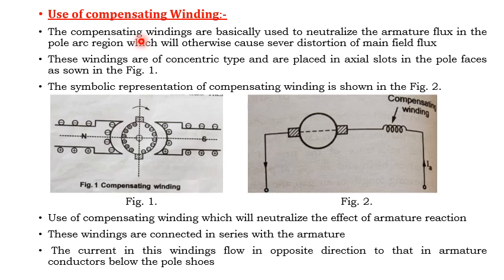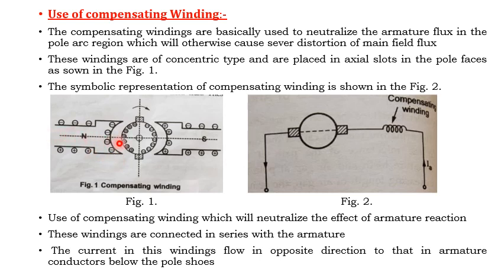Basically, the compensating winding neutralizes the armature flux in the pole arc region, which would otherwise cause a severe distortion of the main field flux. Where are these compensating windings placed? They are placed on the pole face, at the tip of the pole face.